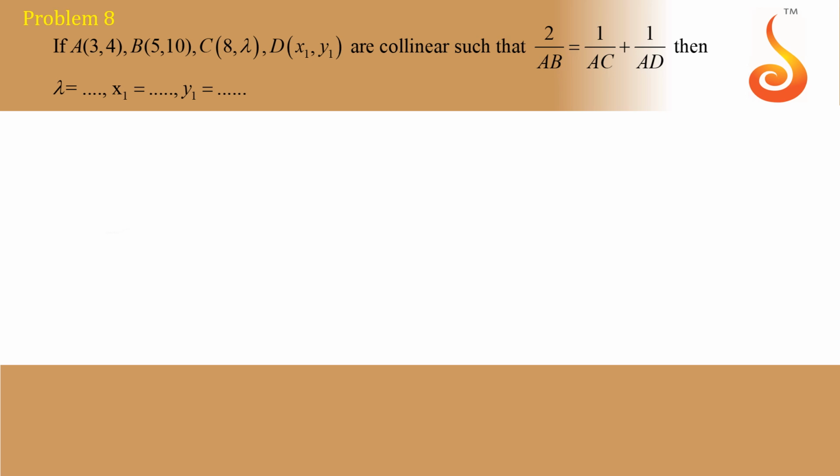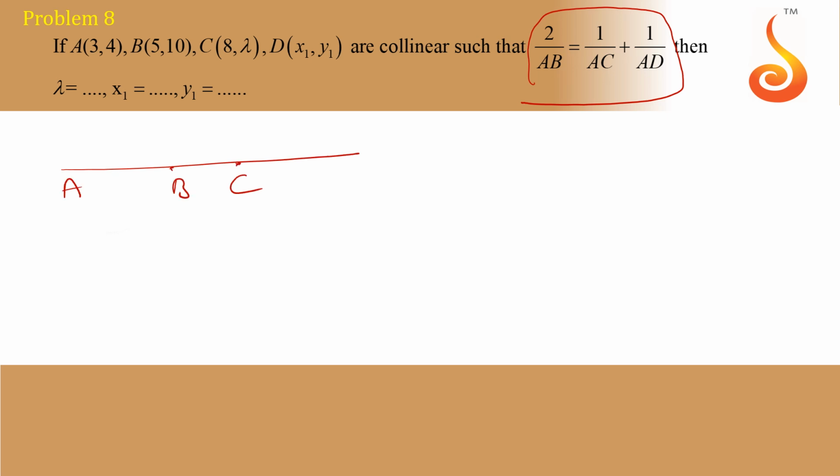Next problem, problem number 8. If A(3, 4), B(5, 10), C(8, lambda), D(x1, y1) are collinear such that 2 by AB equals 1 by AC plus 1 by AD, then I want the lambda value, x1 value and y1 value. So I think this is very clear: you can see that AB, AC, AD are in harmonic progression.